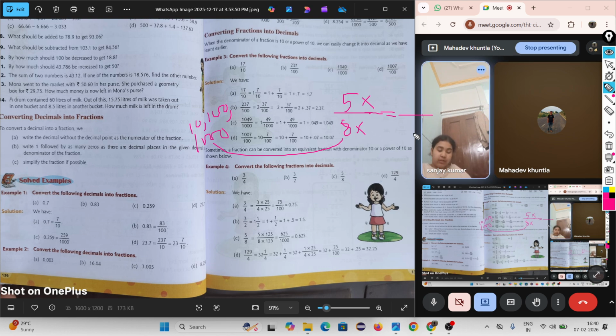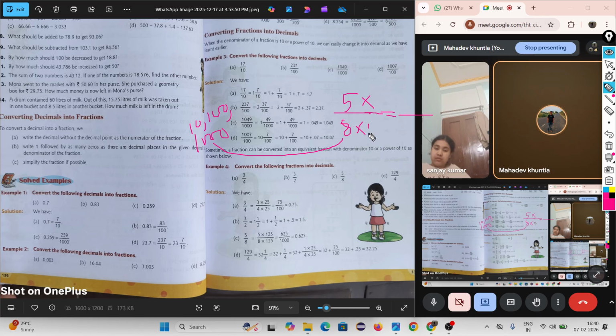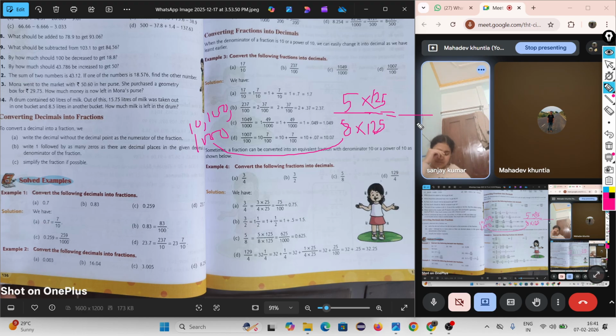125. That's good. The same number you should multiply with the numerator. Multiply and tell me your result. 625 upon 1000.